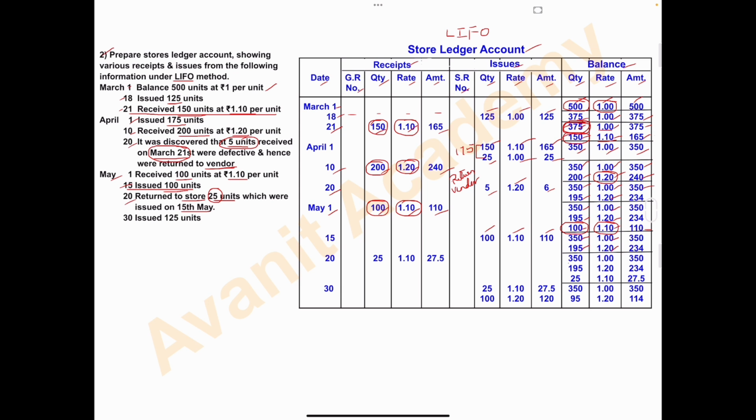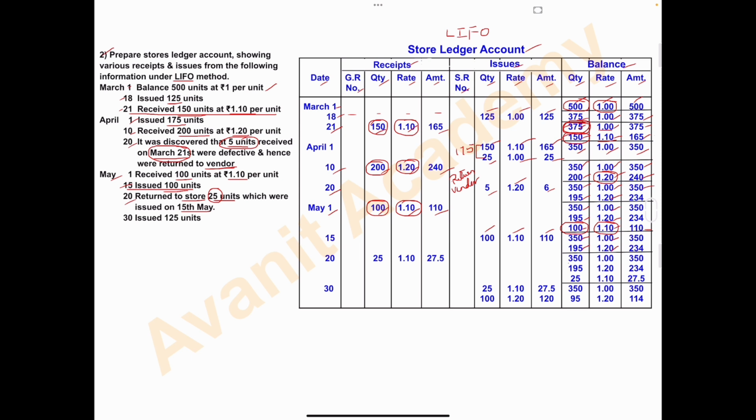Return to store entry will appear in the receipts column. Return to vendor, we record in the issues column. Return to store, the goods come into the store. Return to vendor, the goods go out from the store.